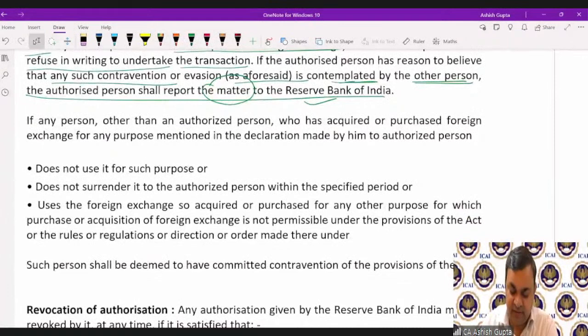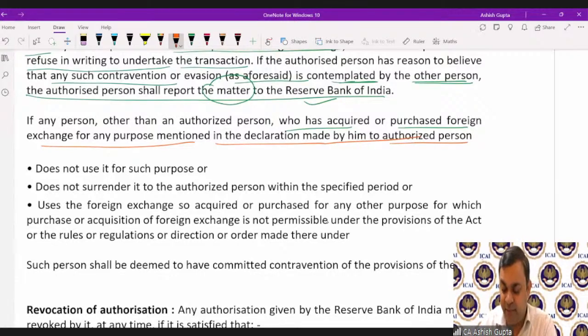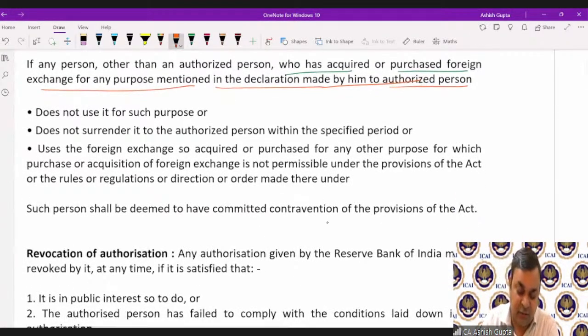If any person other than an AP, meaning an authorized person, has acquired or purchased foreign exchange for a purpose mentioned in the declaration made by him to the authorized person and does not use it for such purpose, does not surrender that amount, and uses the foreign exchange so acquired or purchased for any other purpose for which it is prohibited, it is not permissible.